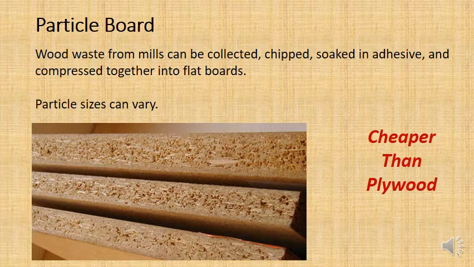Now, with all that waste wood, you can actually gather it up, chip it up and make it all one size, soak it in a glue and adhesive, and compress it into a flat board. Now this is called particle board because you're using particles of wood, sticking them together.